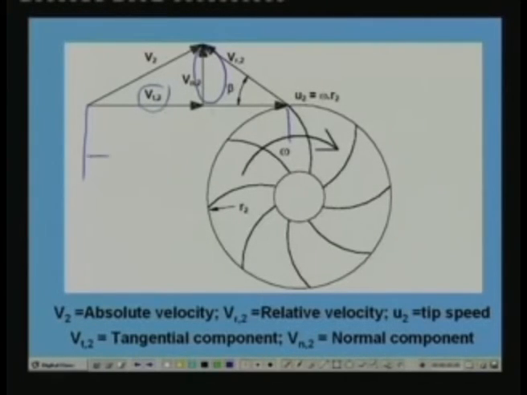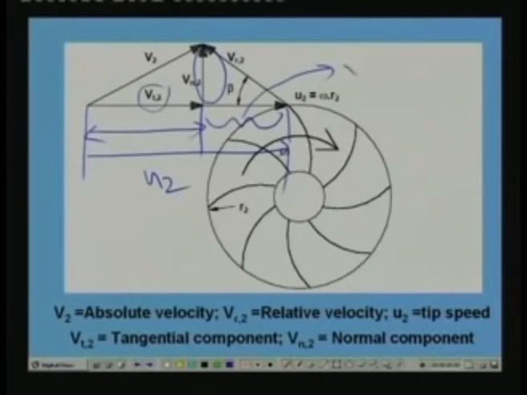This is nothing but the peripheral velocity u2 minus this, and this is nothing but Vn2 into cot beta. So this distance is Vn2 into cot beta. So u2 minus Vn2 into cot beta will give you Vt2.